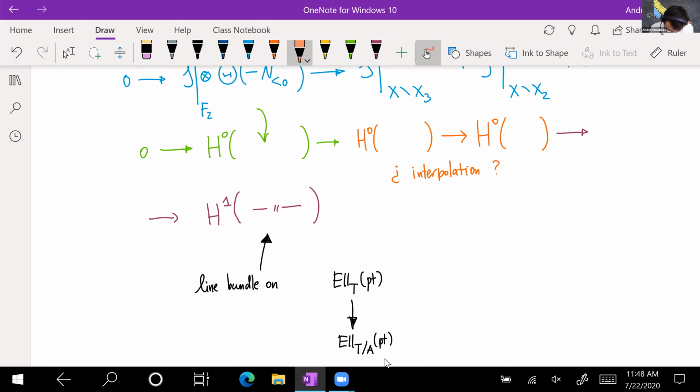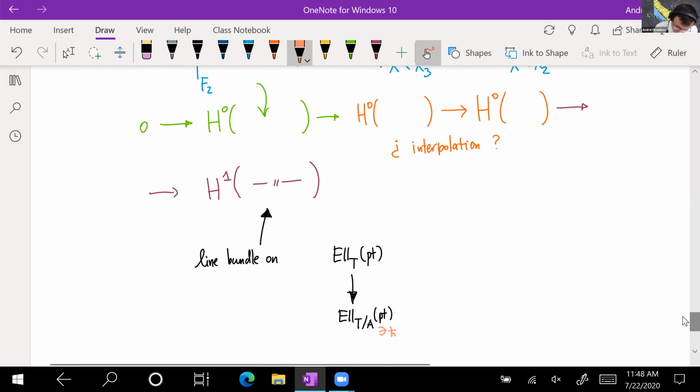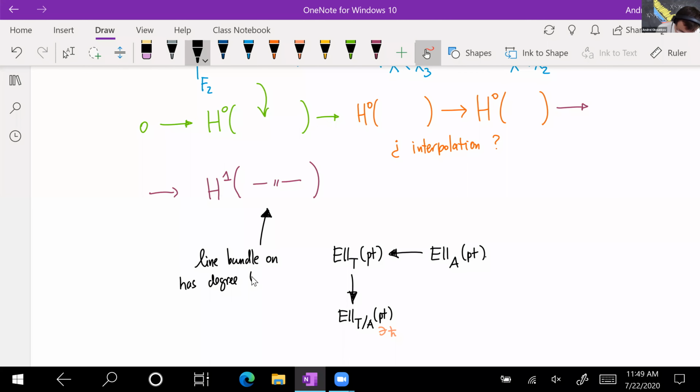And then the fiber is the elliptic homology of A. So this fibration, which has degree 0, they set it up so it has degree 0 on fibers, because it has degree 0 in the variables A.